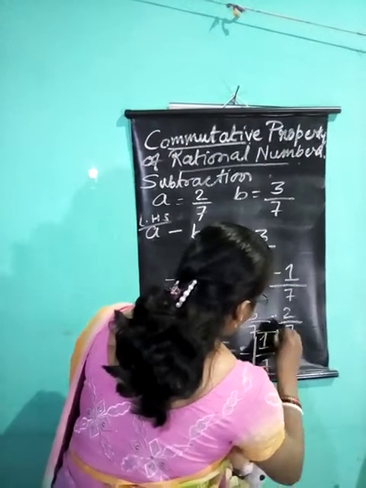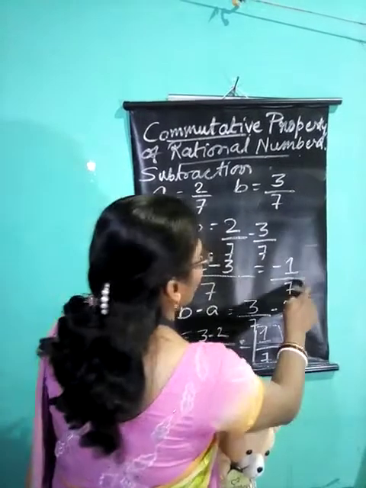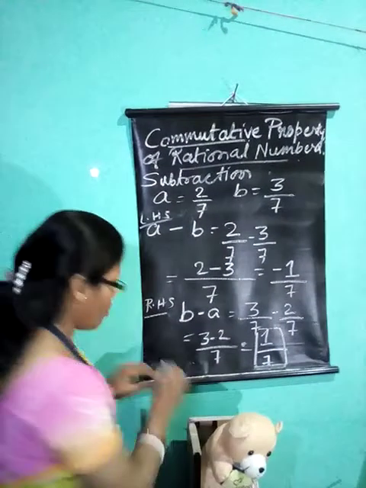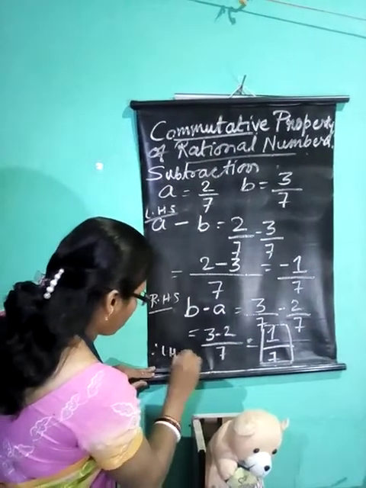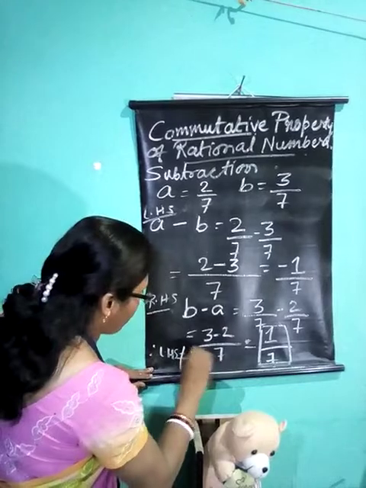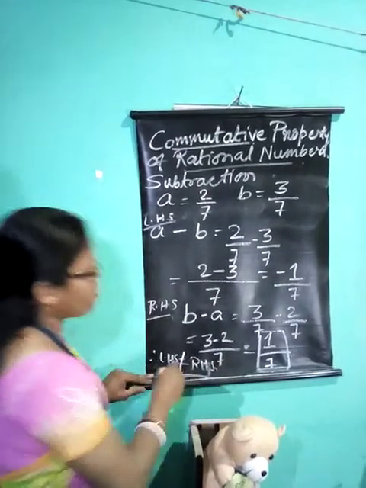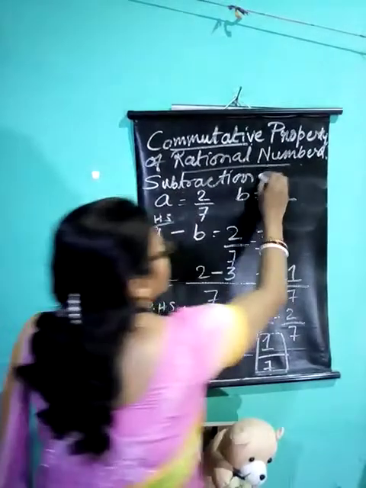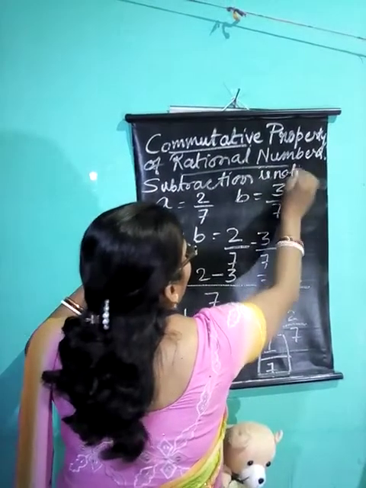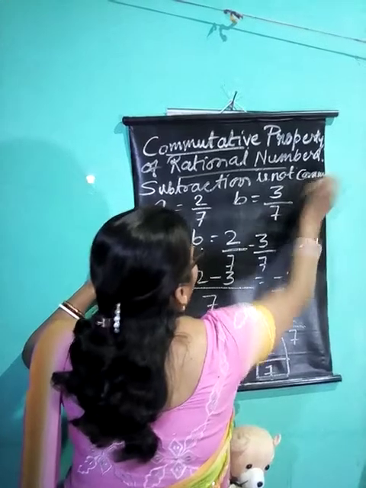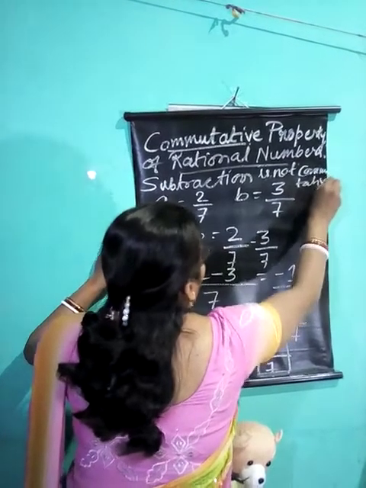So 1 by 7 is not equal to minus 1 by 7. Therefore, LHS is not equal to RHS. Hence, you can say that subtraction is not commutative for rational numbers.